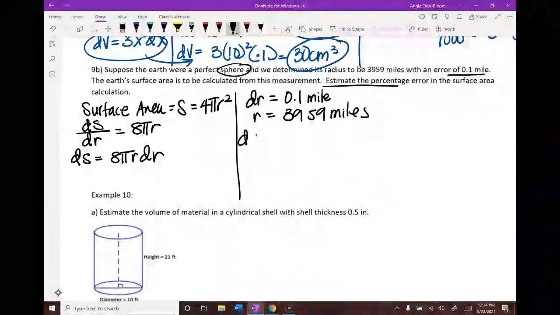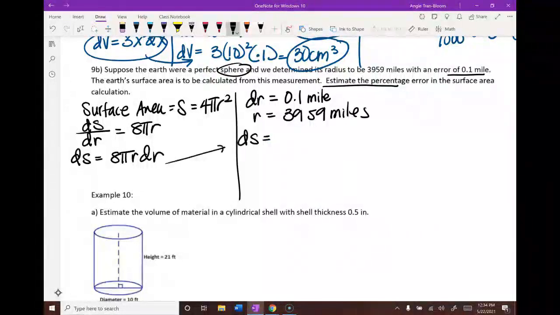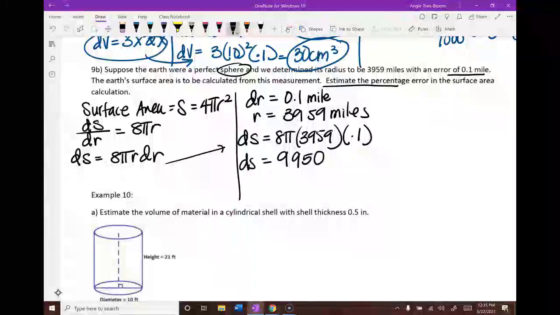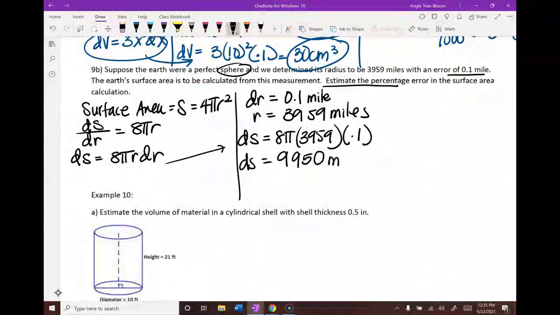So the change in surface area, we're going to use this formula, which is 8 times pi, radius is 3959, the change in radius is 0.1. We are going to bust out my calculator. Okay, this is going to give me 9950, and then surface area, so miles square.